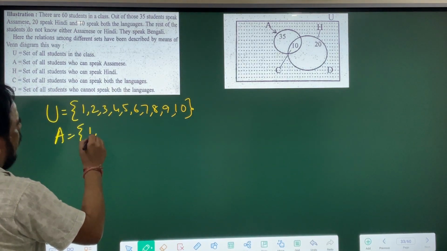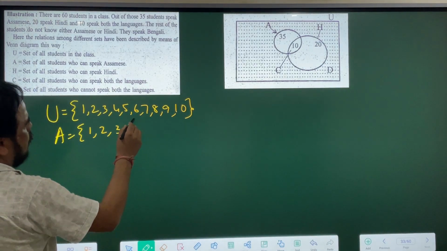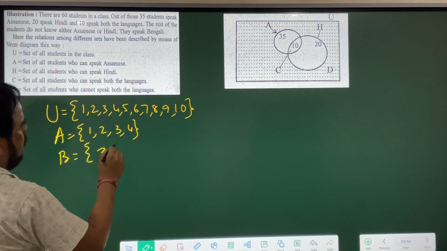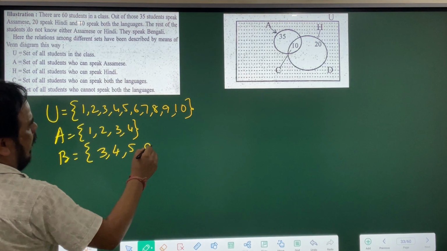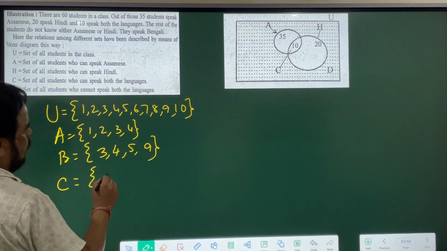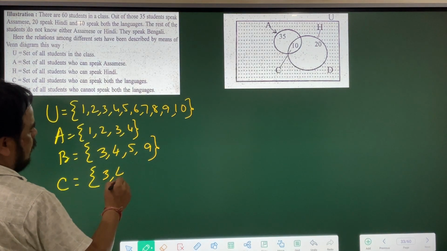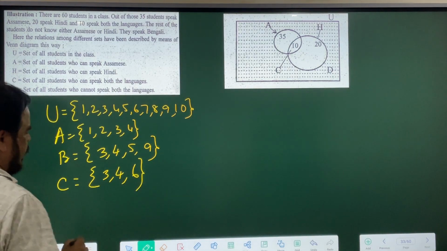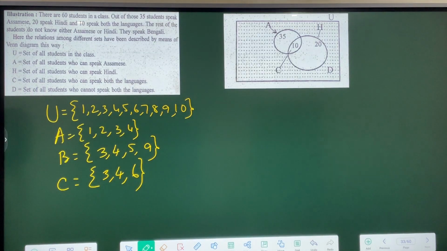A: 1, 2, 3, 4. B: 3, 4, 5, 9. C: 3, 4, 6.